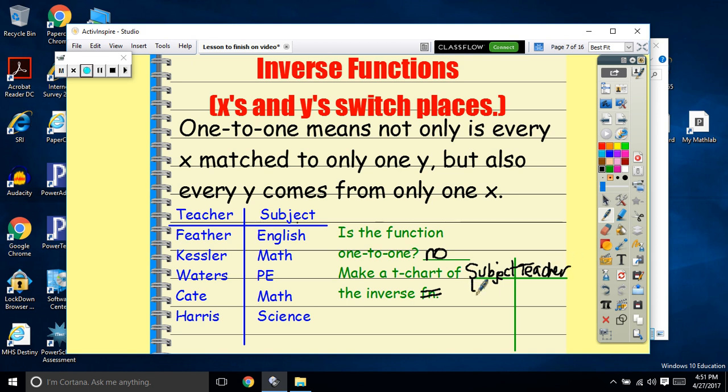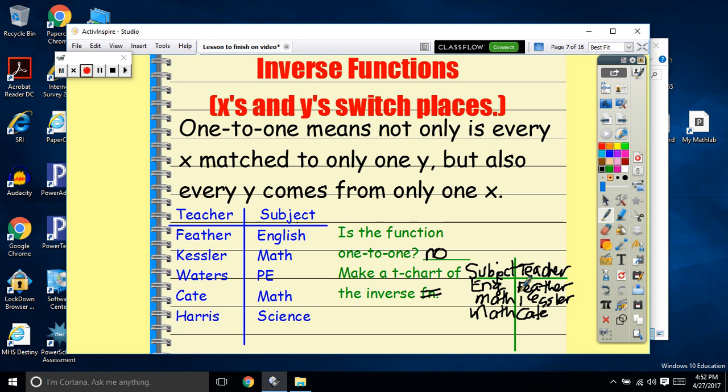So I'm going to say for English, the only teacher I have is Feather. For math, I have Kessler. I'll go ahead and write it out. And for math, I also have Kate.